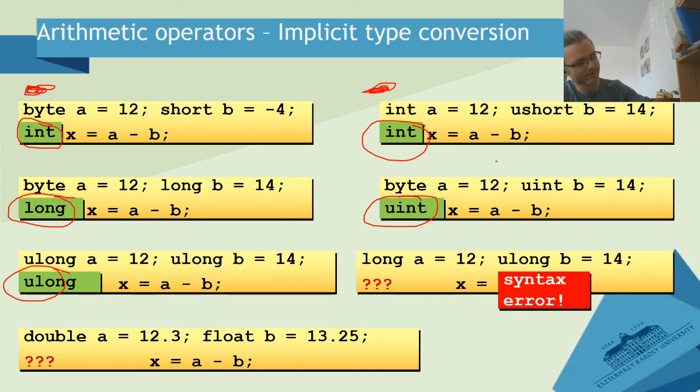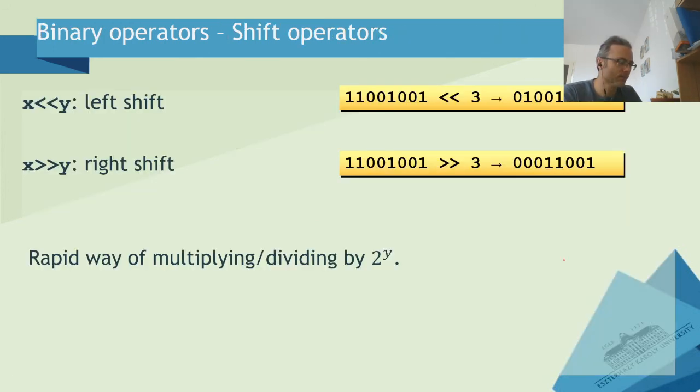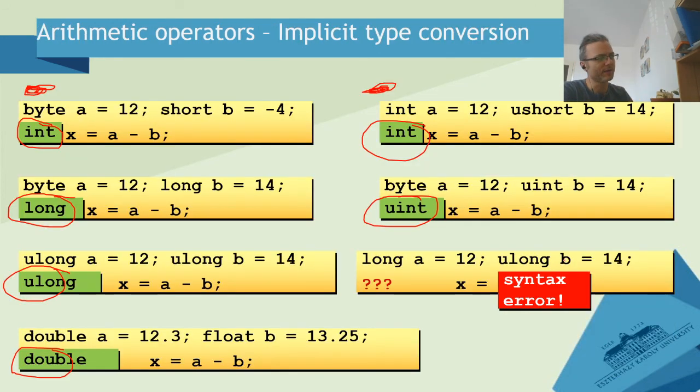Okay, last exercise here. What should I write in front? Double. Double, yeah, okay. This is the larger type. Okay, can I continue, or do you have any question?